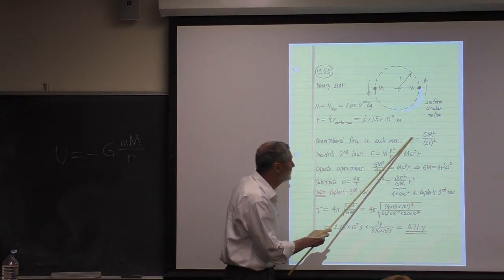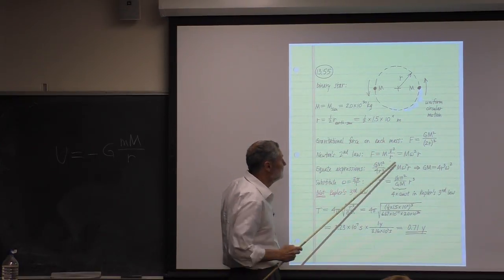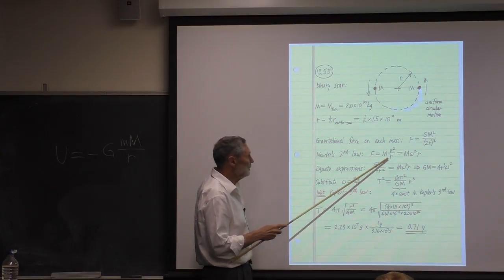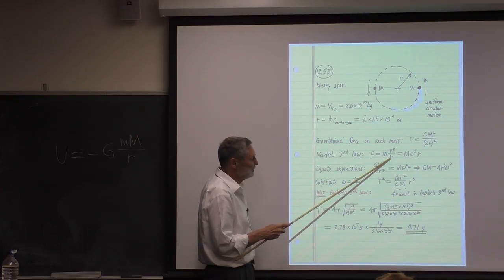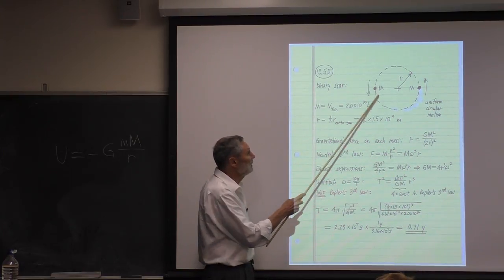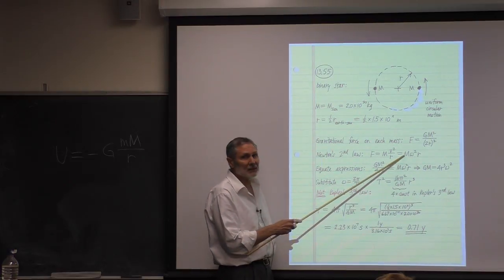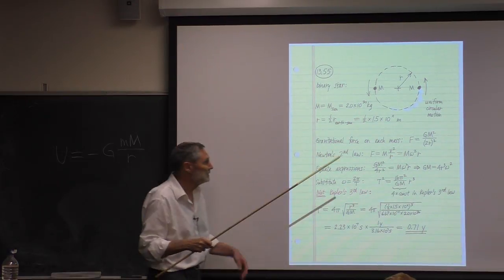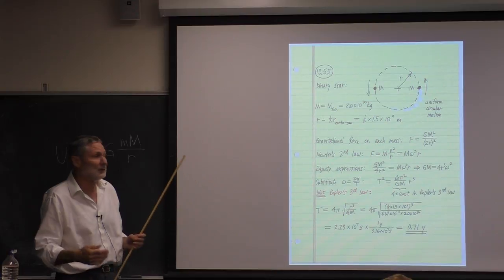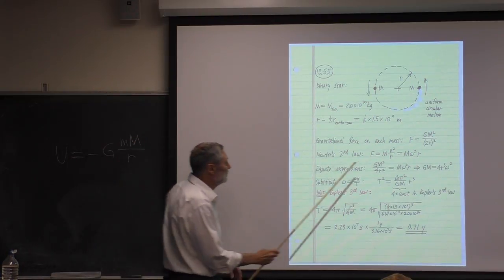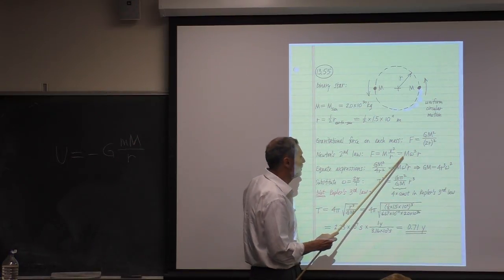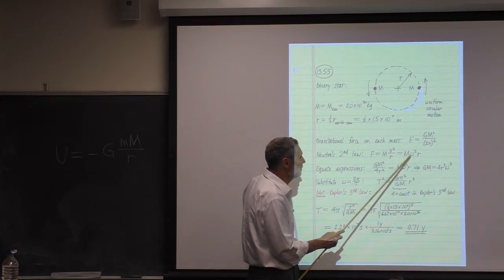So this force has to equal the mass times the acceleration, which used to be v squared over r for us, and it still is, but it's better here to deal with omega, the angular velocity, because that's simply connected with the period, and that's what we're after here. So, as I mentioned before in a previous problem, instead of v squared over r, we're going to use omega squared r.